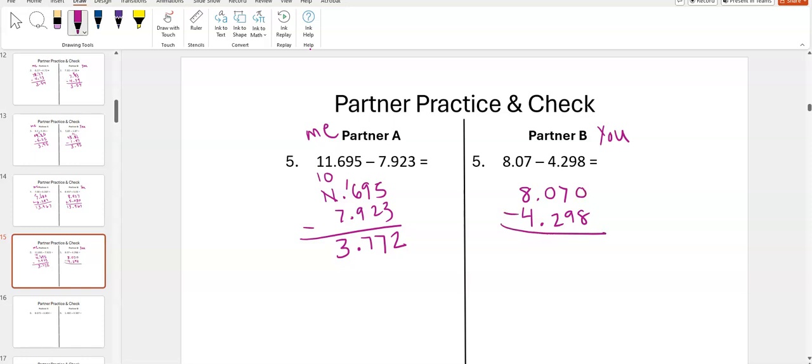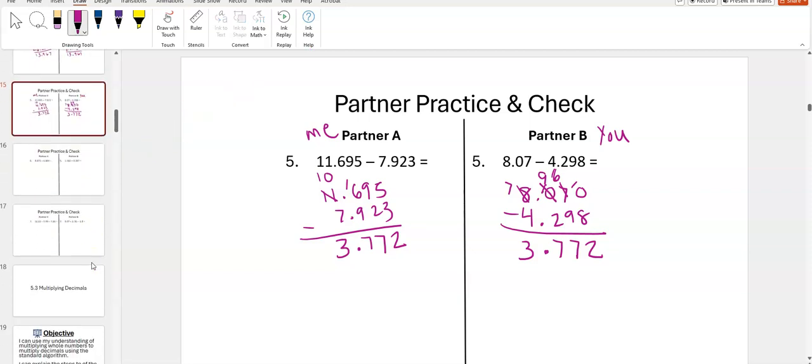Place holding 0, and we're subtracting. 2. Oh my. You are going to have to become a 7. That makes that a 10. Now I can take from you and make that a 16. 9 take away 2. 7 take away 4. We did it! All right, you're doing so great.